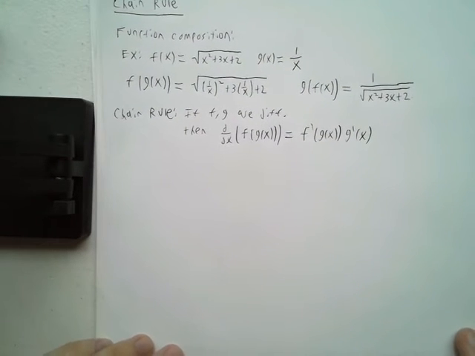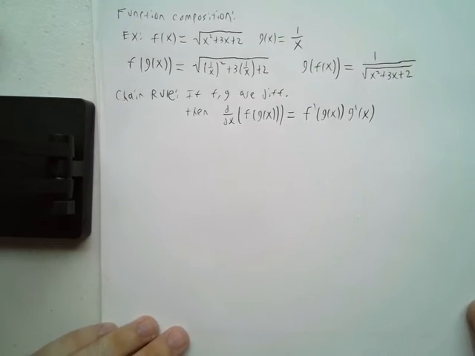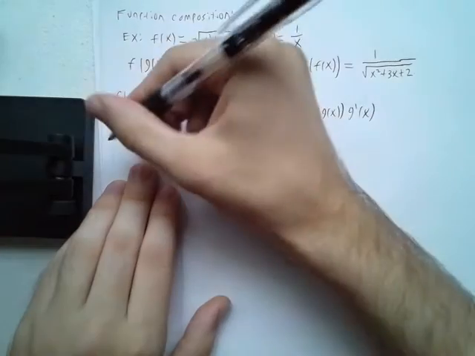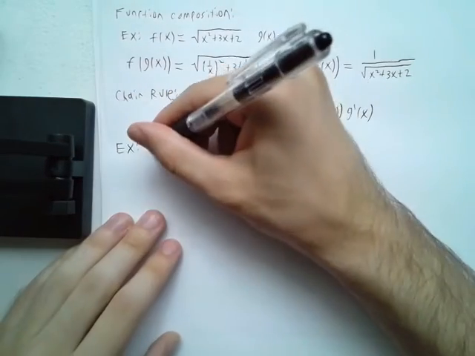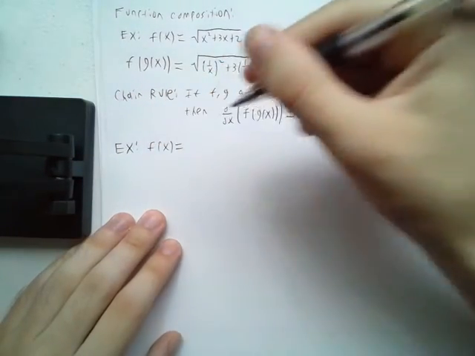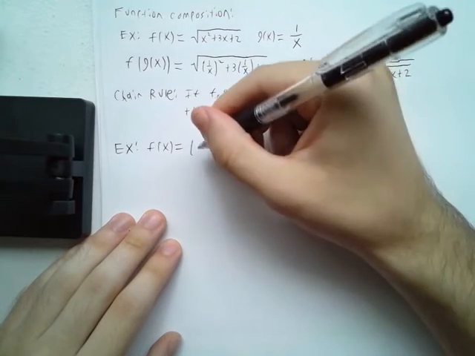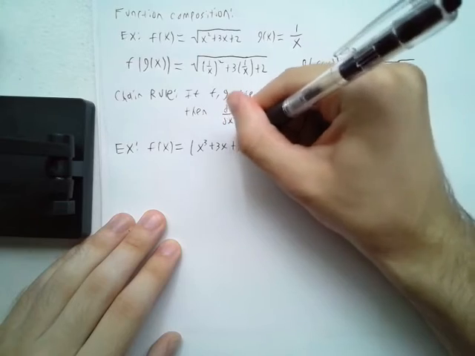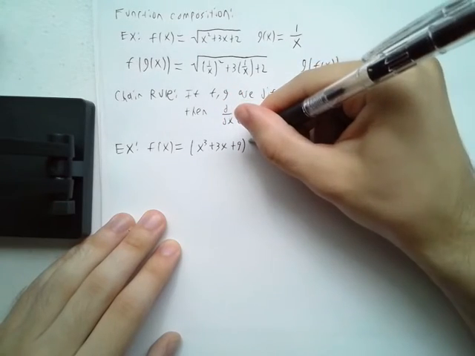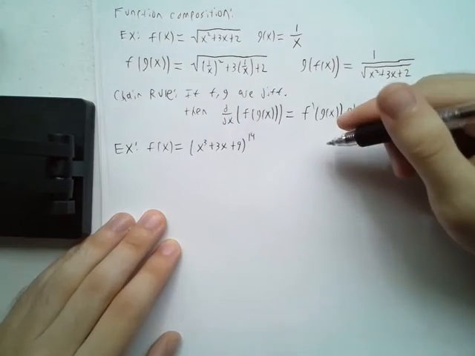So let's see though how we can use this rule to calculate derivatives that we couldn't do before. As a first example, let's look at the function f of x equals, let's say, x cubed plus 3x plus 9, all raised to the 14th power.